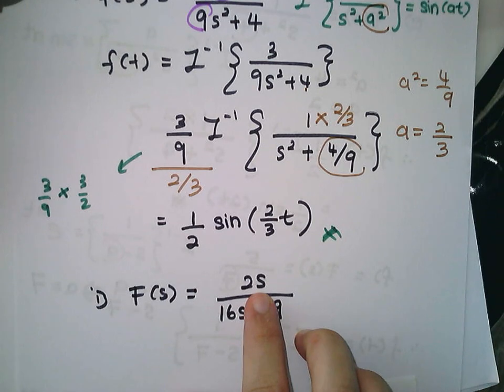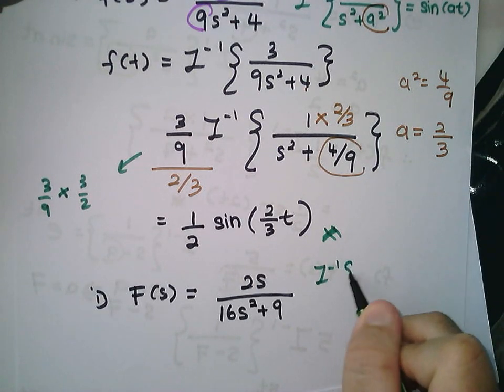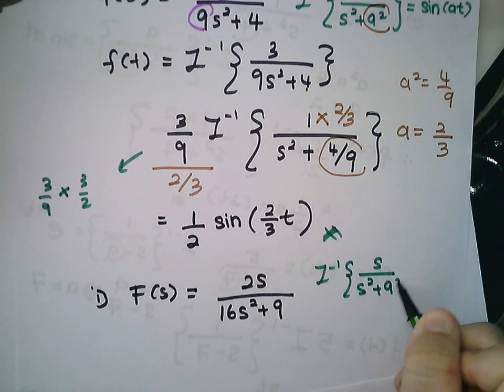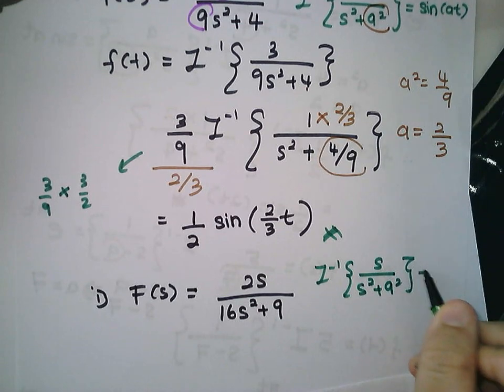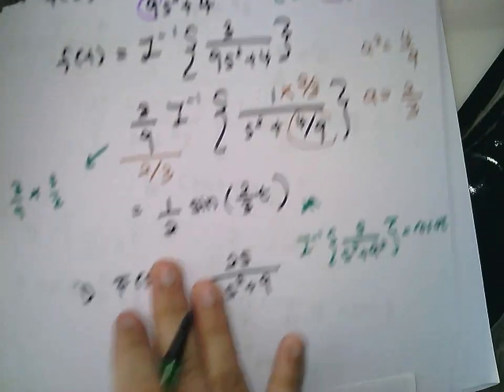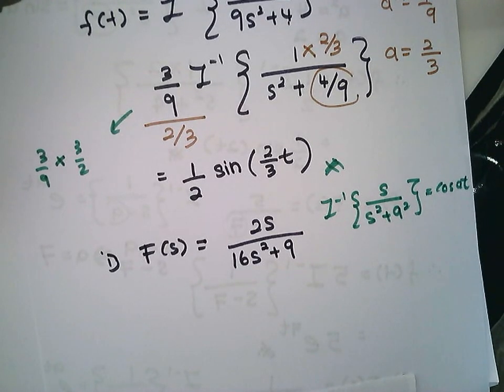Because this is s, and why cos? Because this is plus. The inverse of s over s squared plus a squared is equal to cos at. So factorize the constant, then only you can find the value of a.